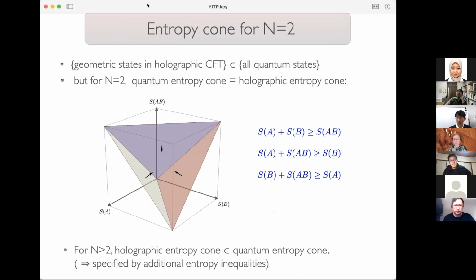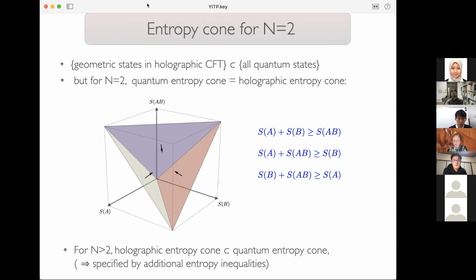But nevertheless, if your partitioning of the system is so coarse-grained that you only have 2 parties, then it turns out that this quantum entropy cone actually coincides with the holographic entropy cone. And it's the picture that I drew before.